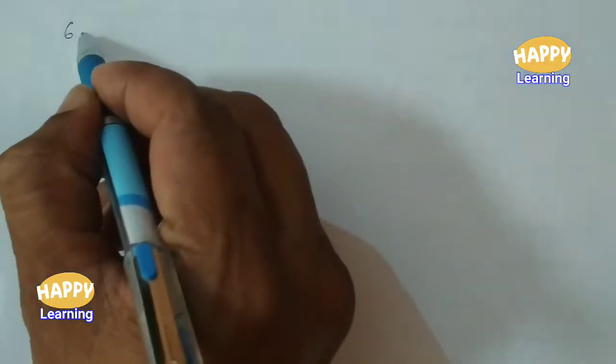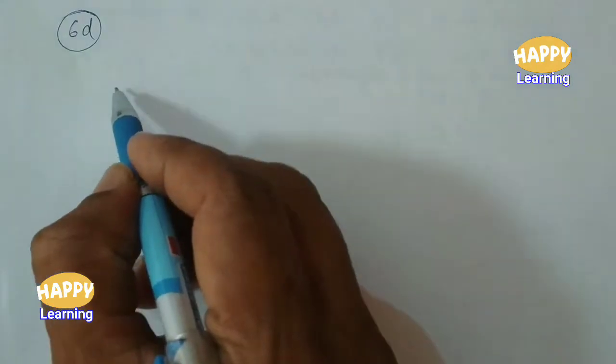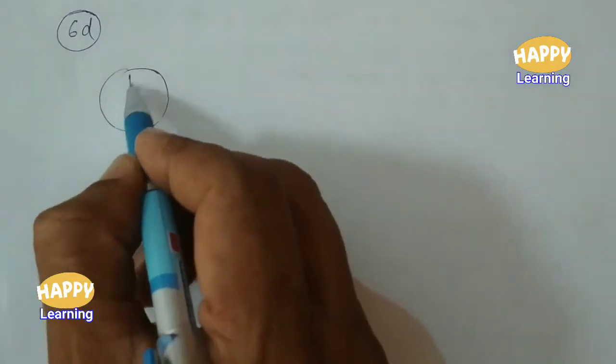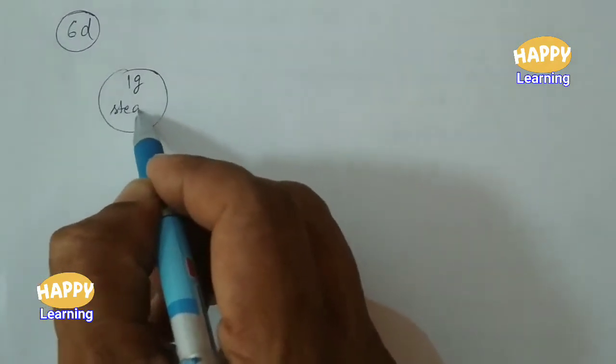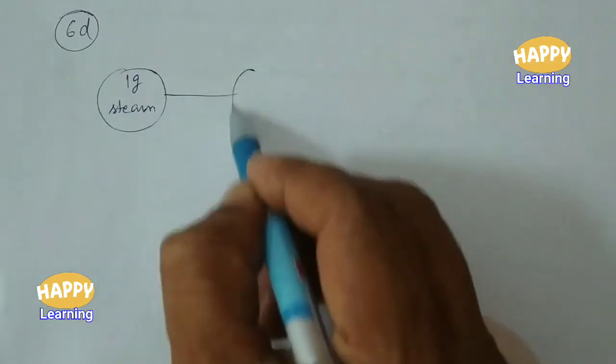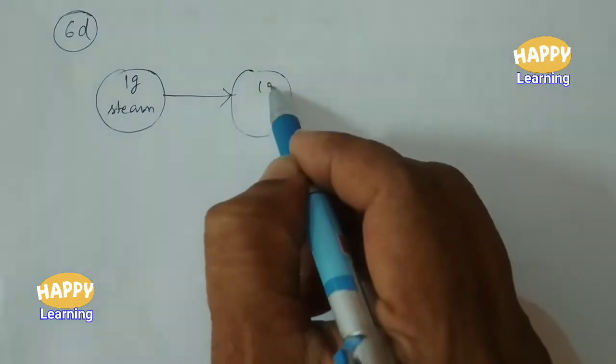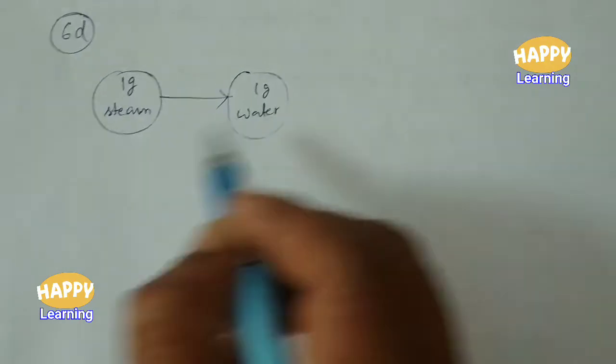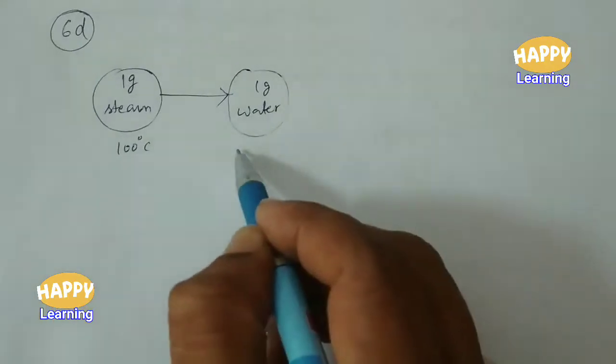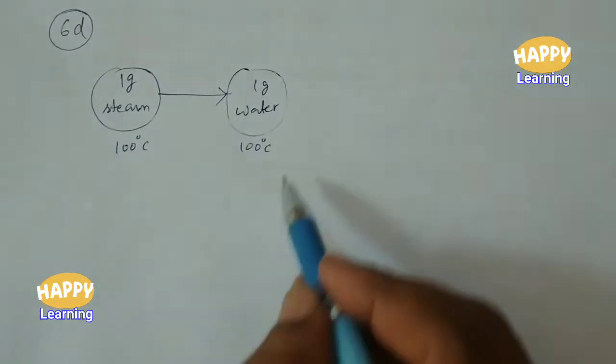Now, sixth D. Initially, there is 1 gram of steam. It is converted into 1 gram of water. This is 100 degrees Celsius. Here it is 100 degrees Celsius.